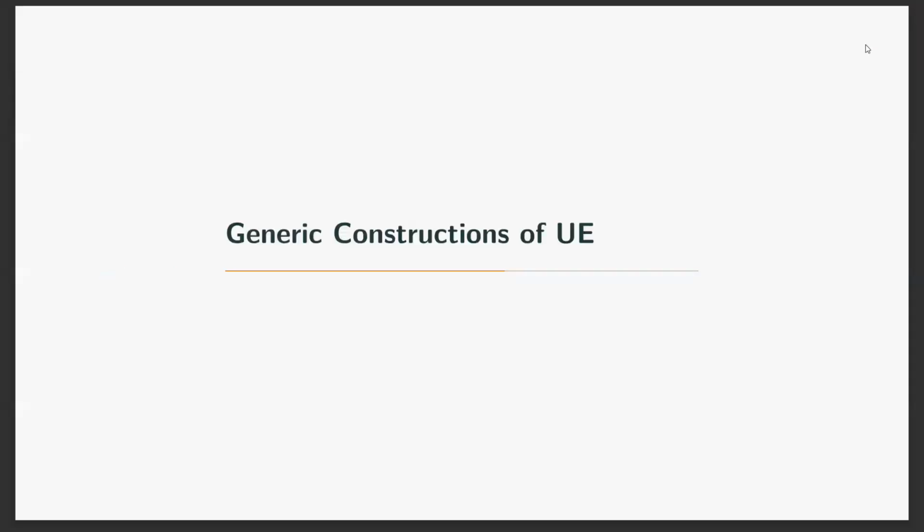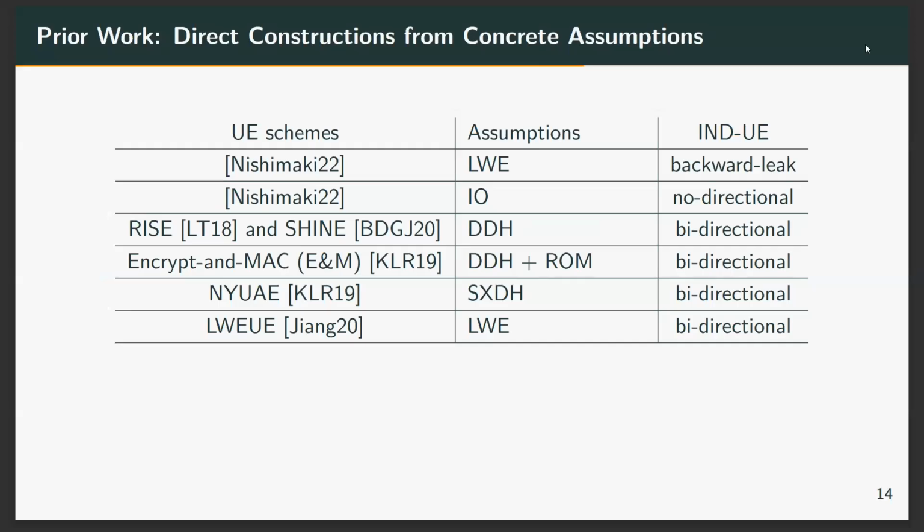So now let's jump to the second contribution, which is the two generic constructions that we have proposed. Let me zoom out a little bit to have a bigger picture of what we have right now. If we consider the backward leak, there's only one construction, from LWE. If you consider no directional, we only have constructions from IO.